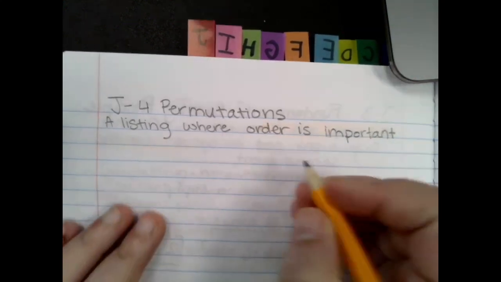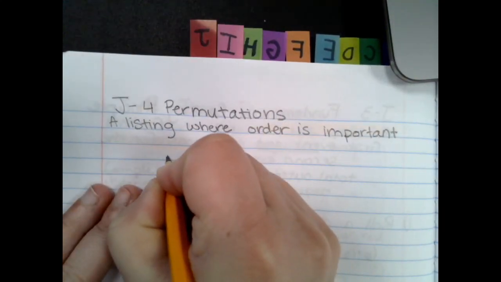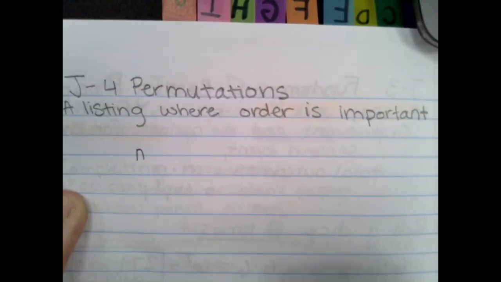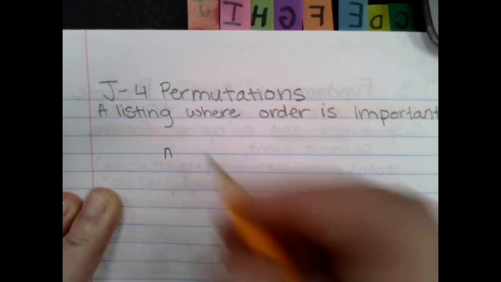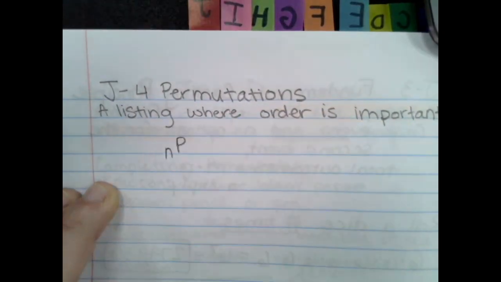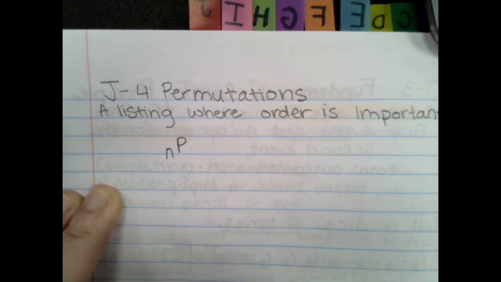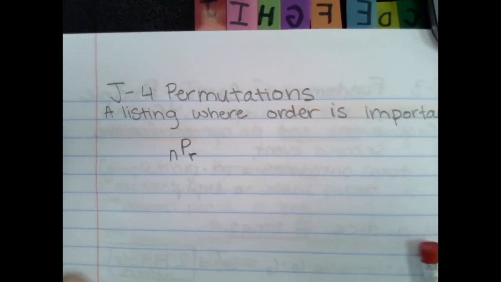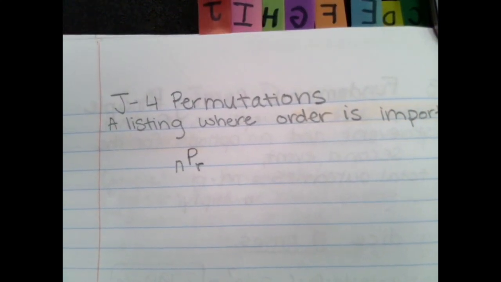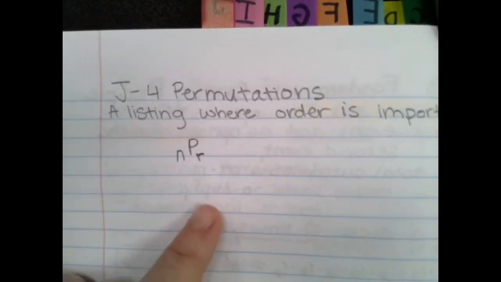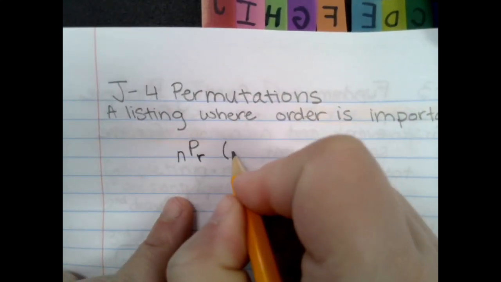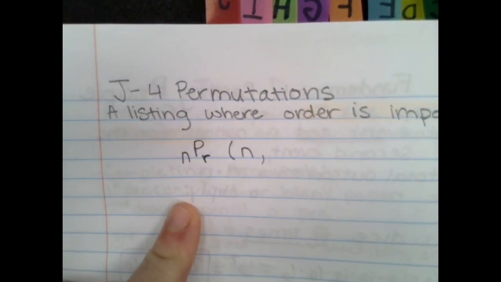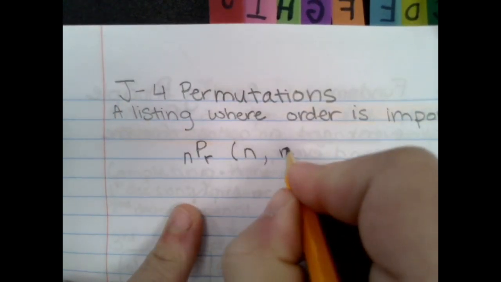To do permutations, we use the permutation function. We write a lowercase n, an uppercase P, so capital P for permutation, and then a lowercase r. This is what it looks like in our calculator: n P r. In parentheses, we put a number, and the first number will be our n, and our second amount will be r.